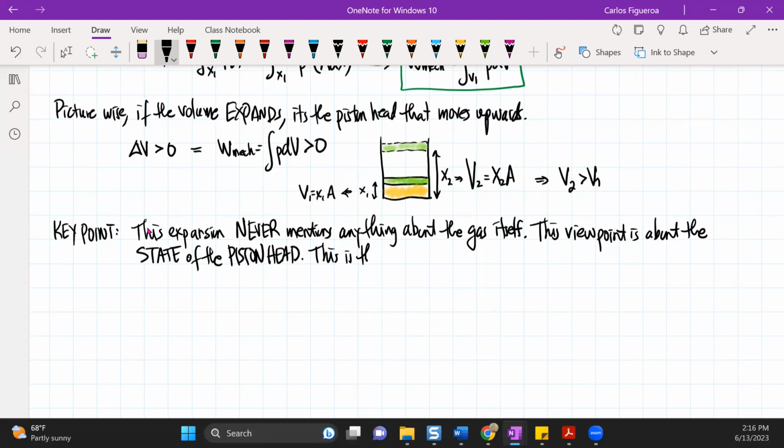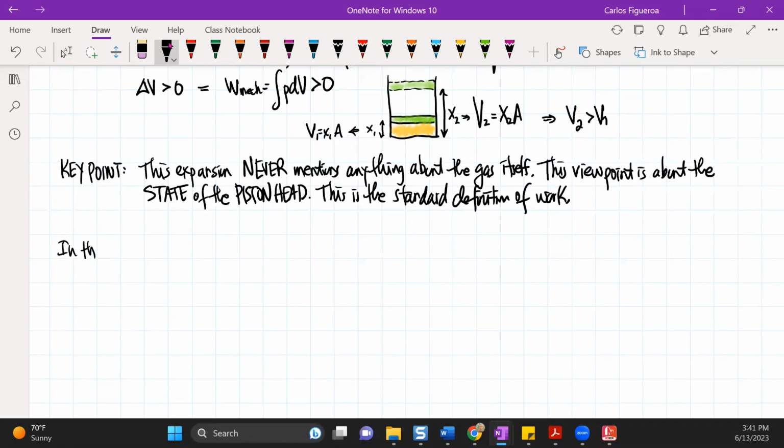This is the standard definition of work, but it's not a good definition for thermodynamics.